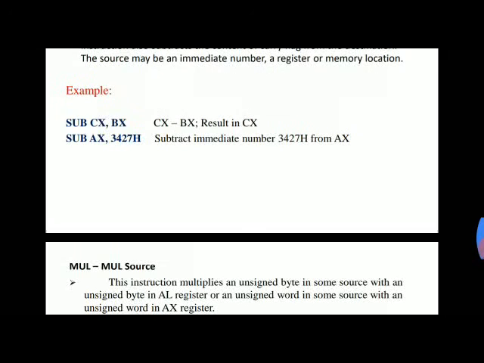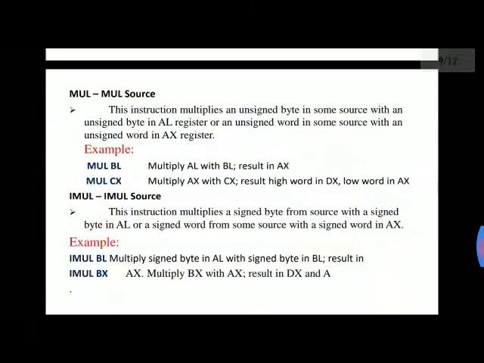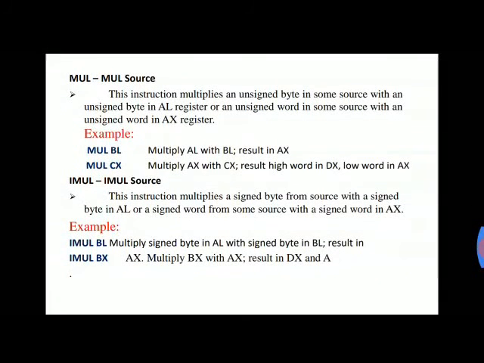Then we move on to the next instruction, that is MUL. Its syntax is represented as MUL space source. MUL specifies the multiply operation. That is, this instruction multiplies an unsigned byte in some source with an unsigned byte in the AL register, or an unsigned word in some source with an unsigned word in the AX register.